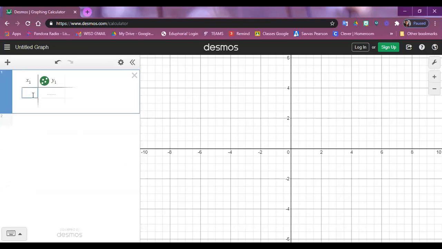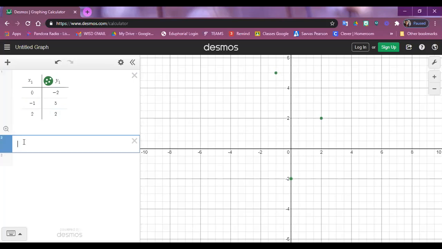And in my table, I'm going to put in my values that I have: 0, -2, -1, 5, 2, 2. And then I'm going to type in what my y needs to equal.